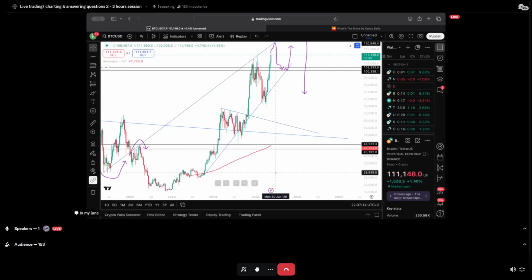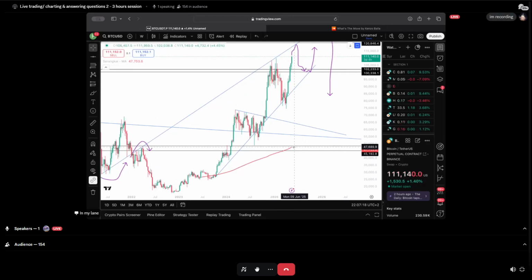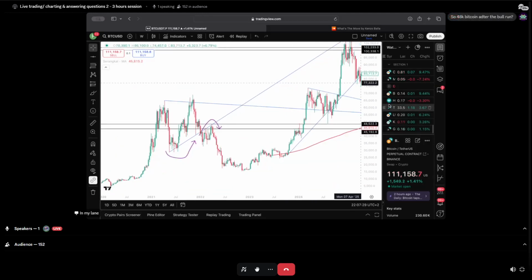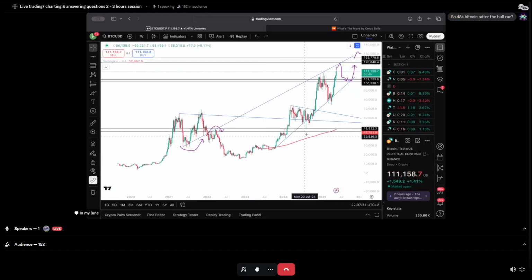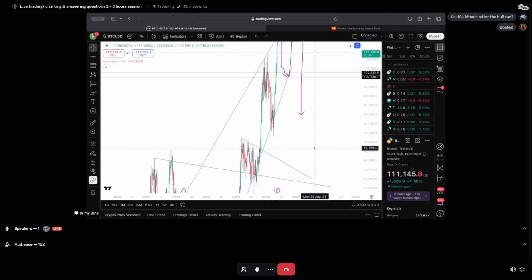Improving here. I'm not saying we're breaking down, okay? I'm saying those are the levels to look at once we break this level, okay? Once this rising wedge break down, you're gonna need lower bids, and those are the ones.